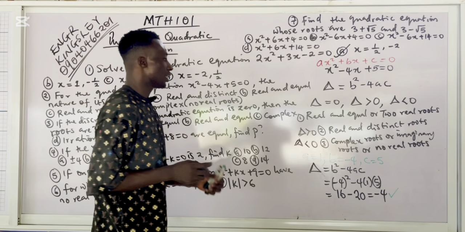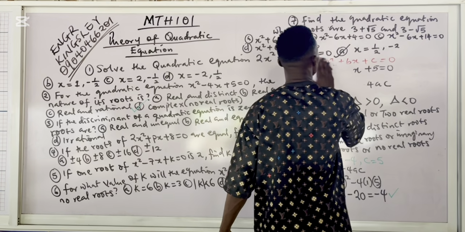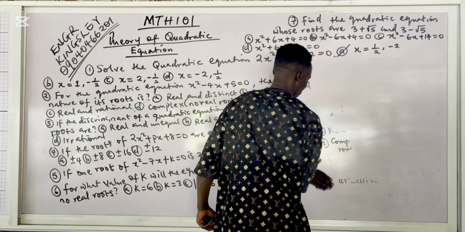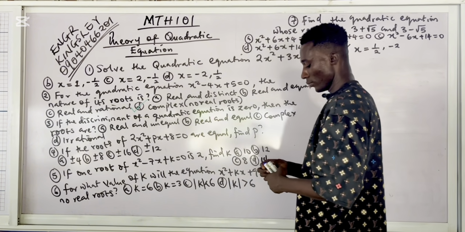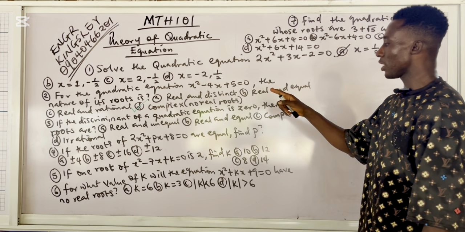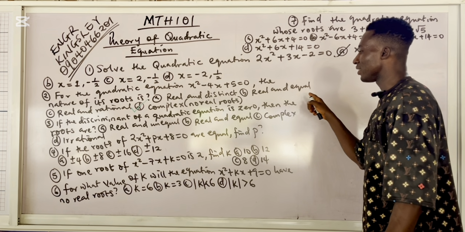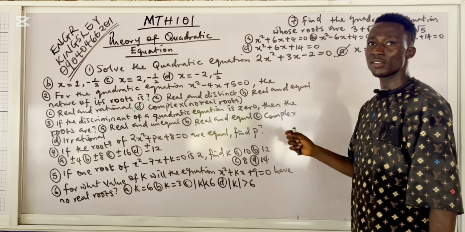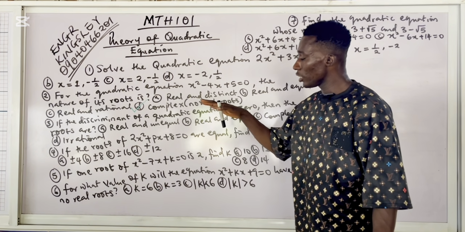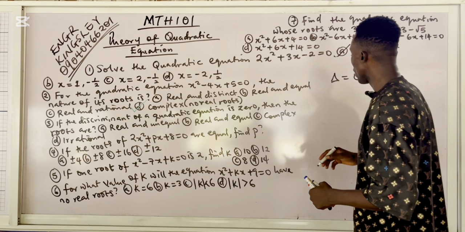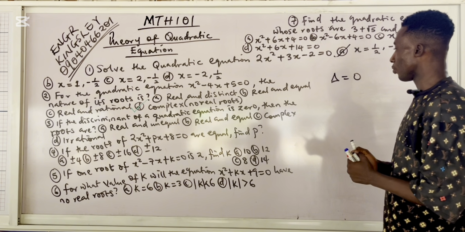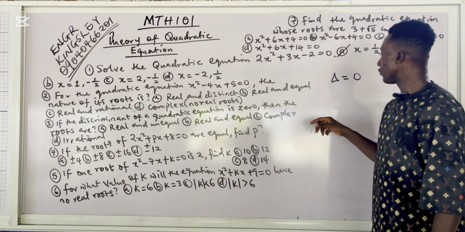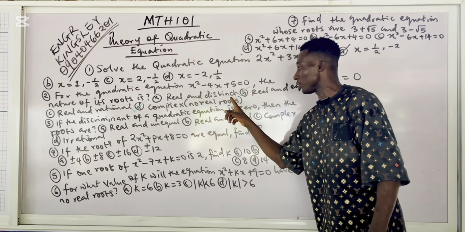Okay? Let me clean the board and show you something. In question number 3, it says if the discriminant of a quadratic equation is 0, then the roots are... I told you if the discriminant is equal to 0, you have real and equal root, which is option number B. If the discriminant is greater than 0, we have real and distinct roots.